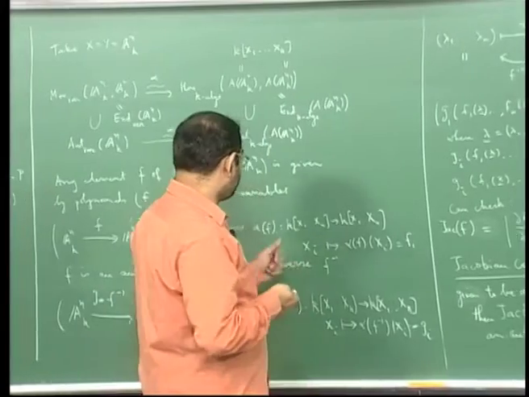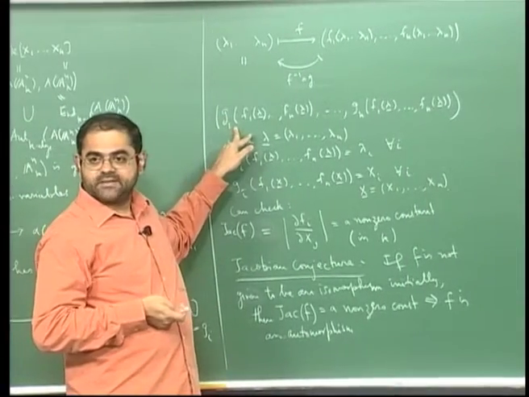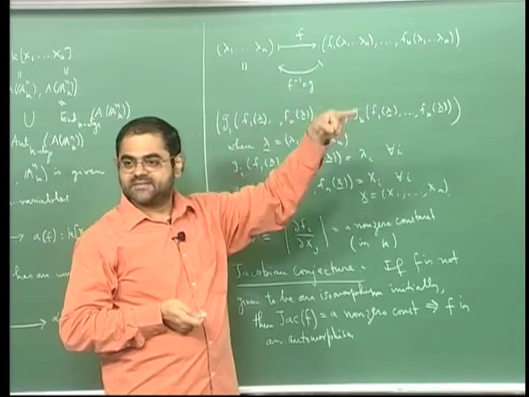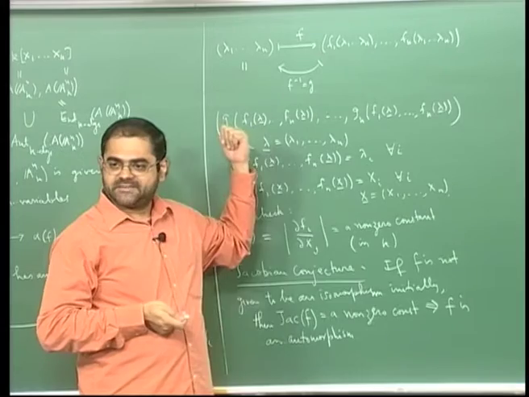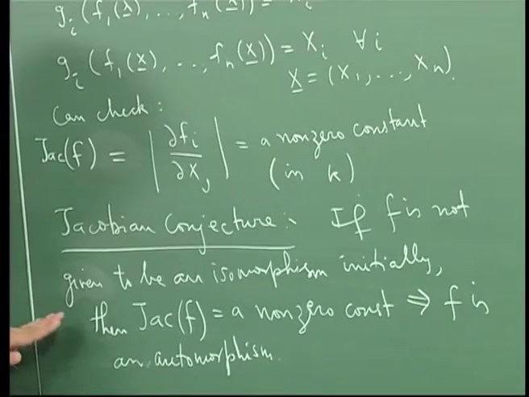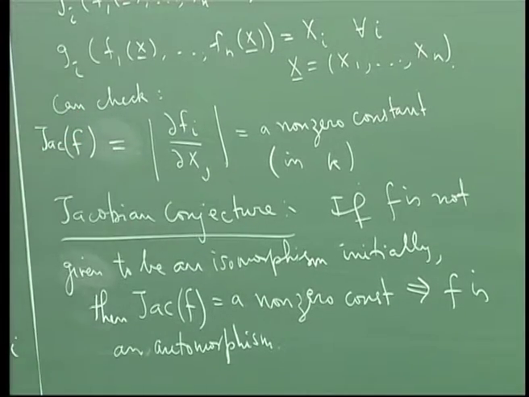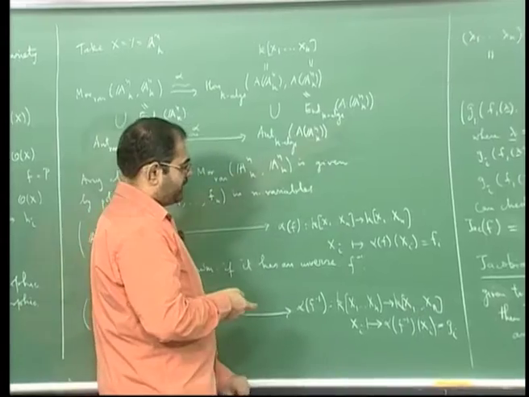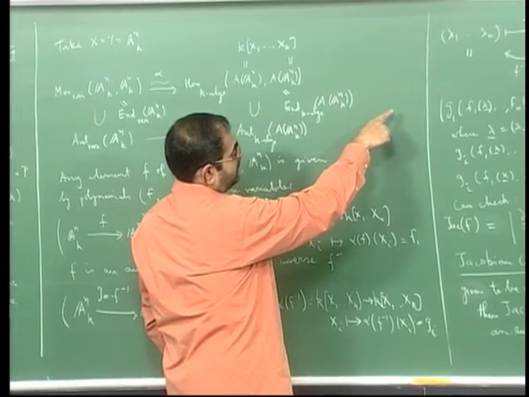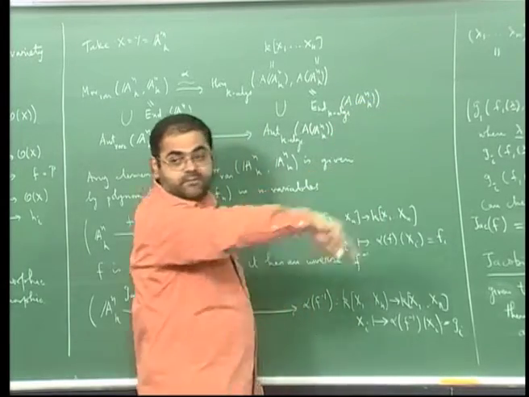That means you should be able to find another set of n polynomials, which if you plug into f, you will get back the identity. That is the Jacobian conjecture. Another way of stating it is that there is a map from the endomorphisms to the polynomial ring given by taking the determinant of the Jacobian.